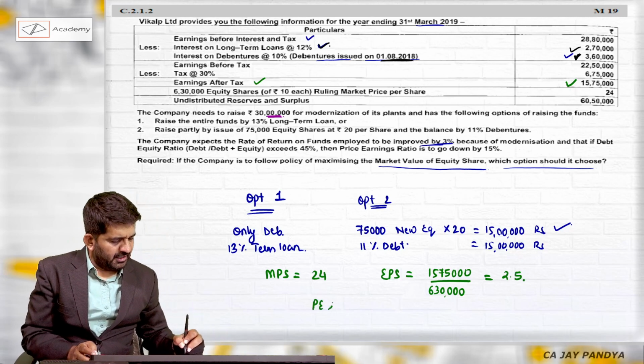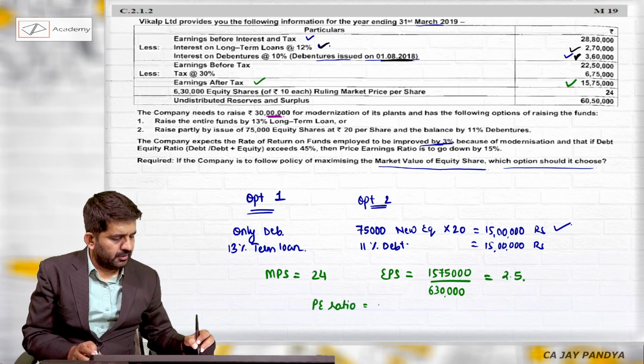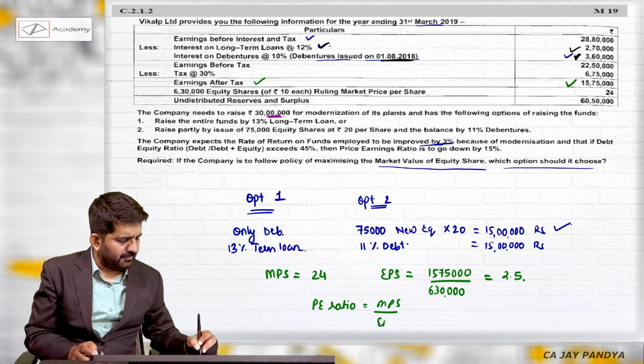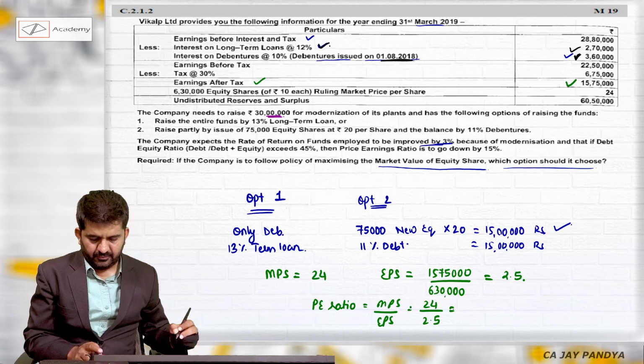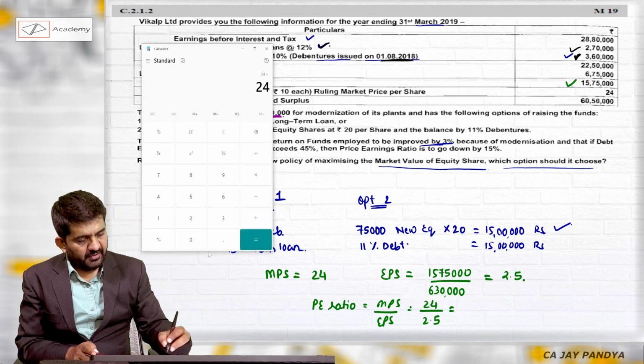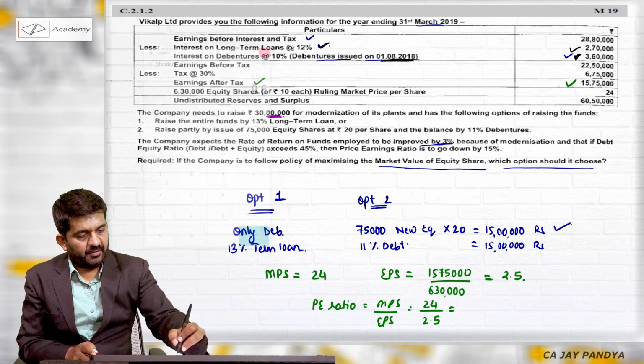So my PE ratio is MPS divided by EPS, which is 24 divided by 2.5. 24 divided by 2.5 will be 9.6.